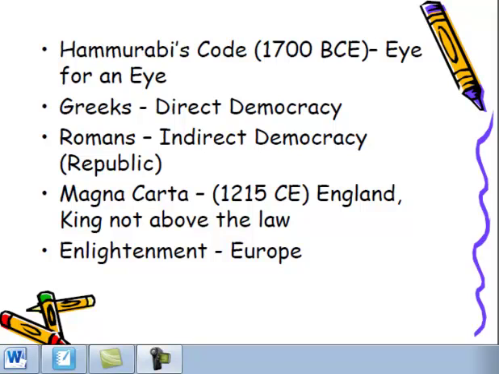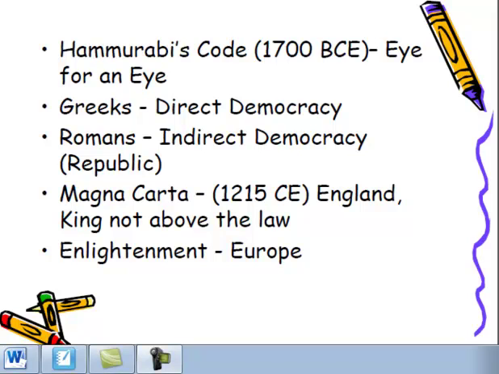We have senators and assemblymen and women who vote for us on certain issues, and we also vote as citizens on issues as well. But most of the day-to-day stuff, the representatives are voting for us. We elect them, and then they represent us. Got it? So direct and indirect.